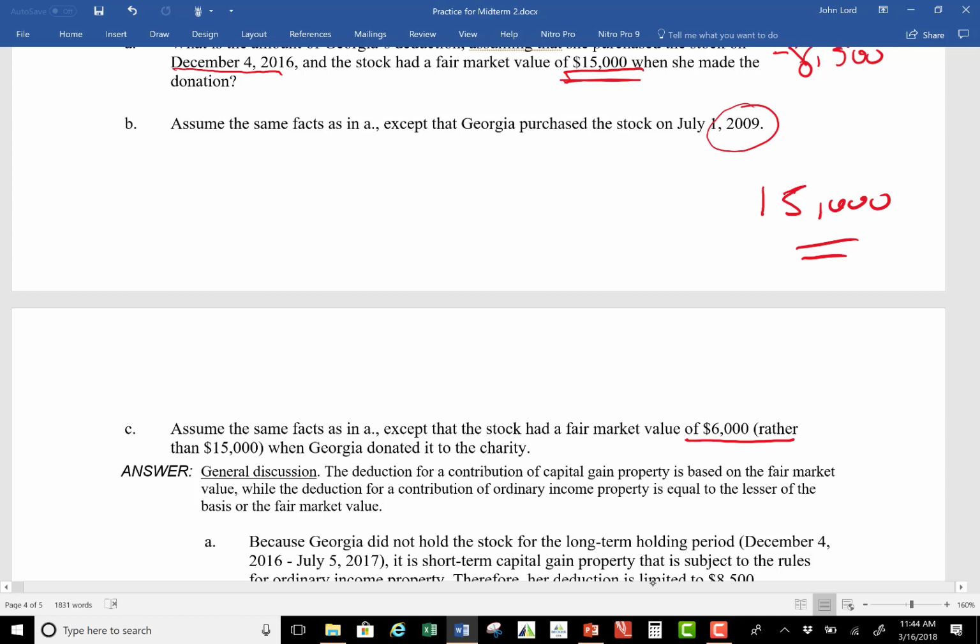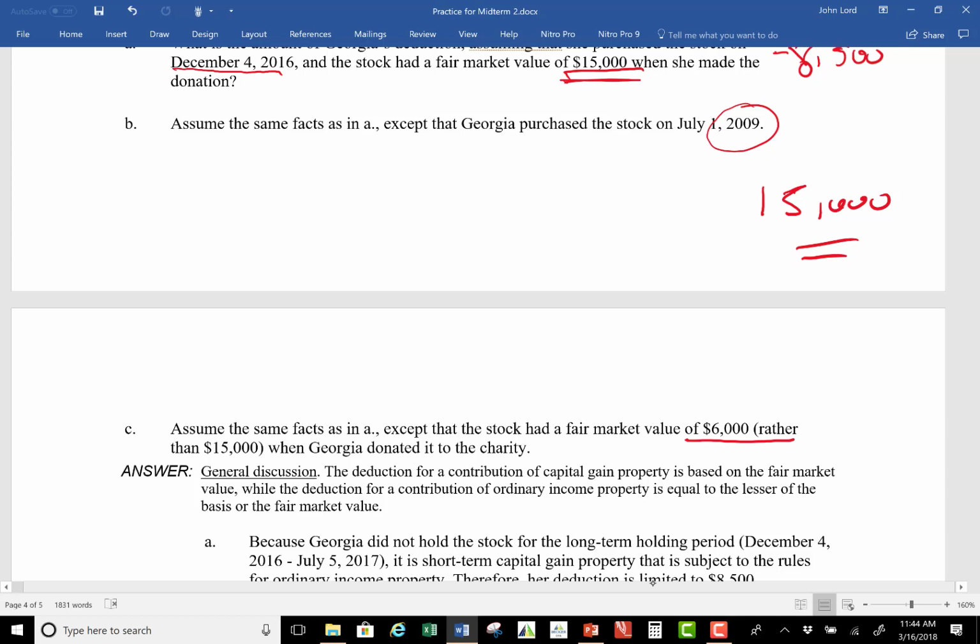If you hold it for less than 12 months and the fair value is more than the basis, then it's the basis.